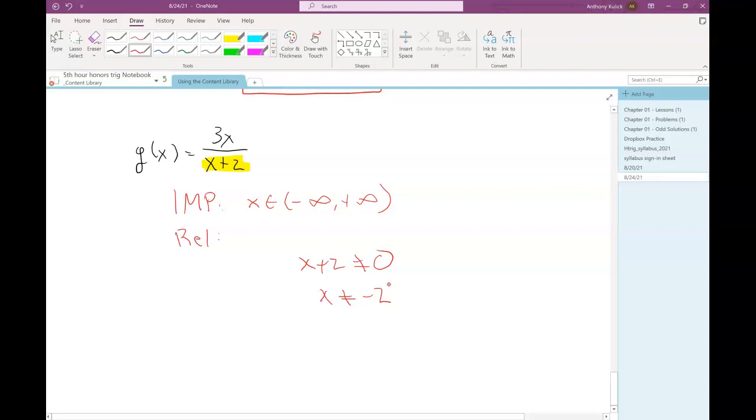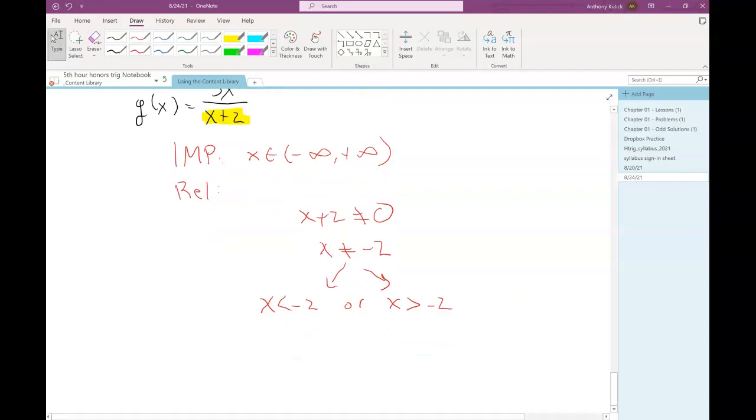So if I think about x cannot equal -2, that's everything less than -2 is okay, and everything greater than -2 is okay. So I'm just going to break this up into an or inequality, where x is less than -2, or x is greater than -2. Everybody agree that that's the same thing as x is not equal to -2?